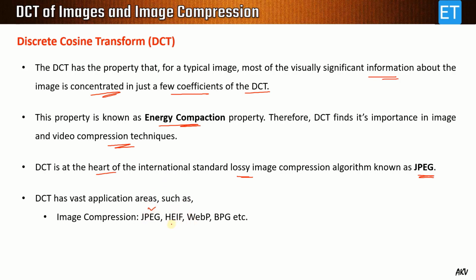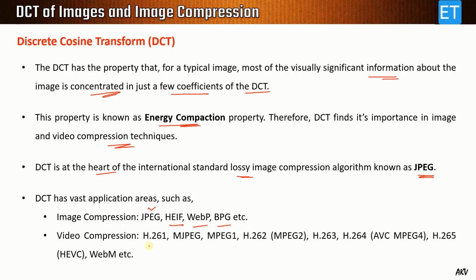Apart from this, it is found in HEIF image compression, WebP, BPG, etc. Also, it is the main constituent of various video compression codecs such as H.261, Motion JPEG, MPEG-1, MPEG-2, H.263, and then the currently widely utilized H.264, which is known as Advanced Video Coding, or MPEG-4, and then H.265, which is the latest one, that is High Efficiency Video Coding, and then WebM, etc., various video compression algorithms.